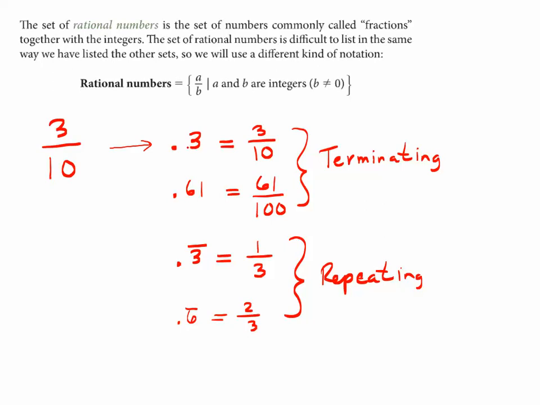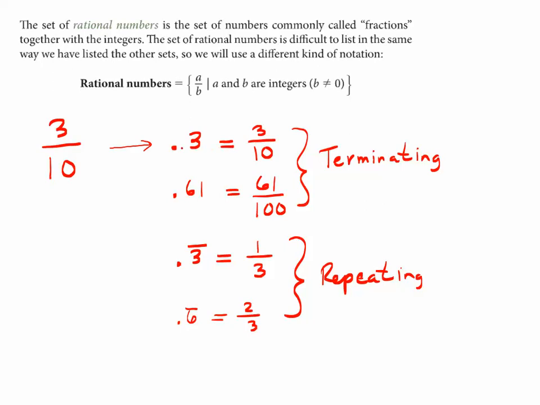Again, this is a very layman's definition of rational numbers. What we say with rational numbers are any decimals that stop or terminate, or they just start repeating themselves. Any decimals that stop, we can always make into fractions. Any decimals that start repeating themselves, we can make into fractions.